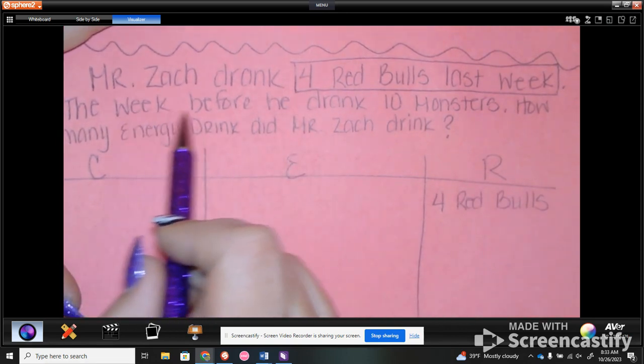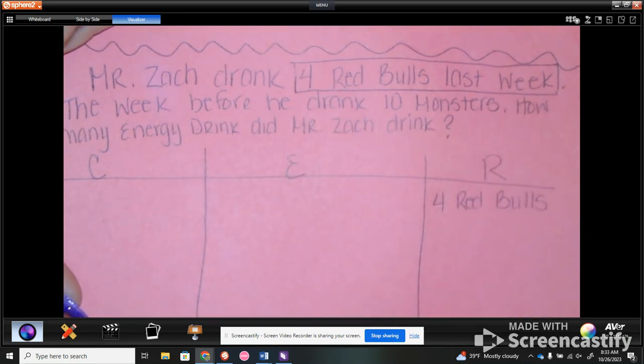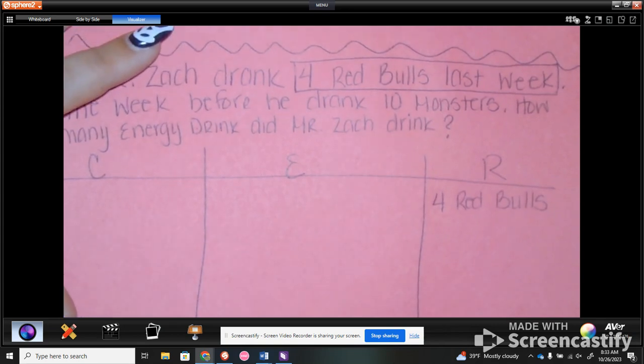The week before, he drank 10 Monsters. Is there information we need in that one, Jorge? Jorge, one sec. Give someone else a chance. Jorge, do you know what information we need from that sentence?